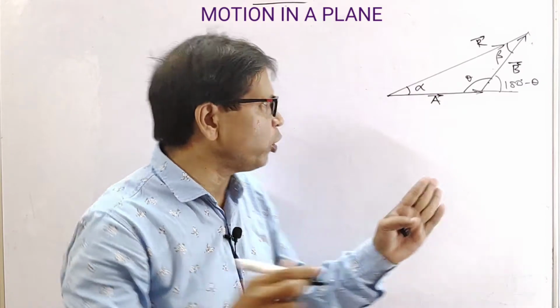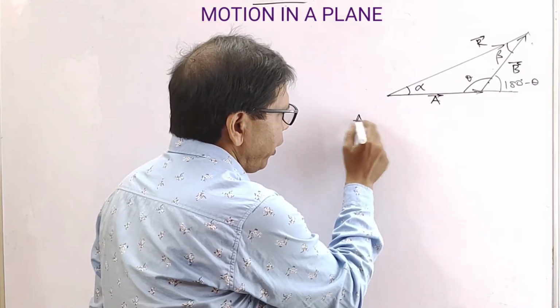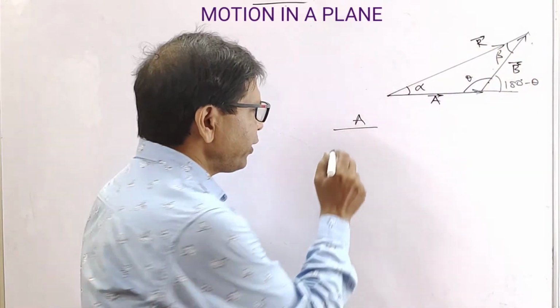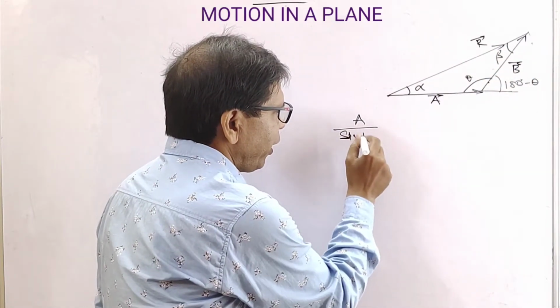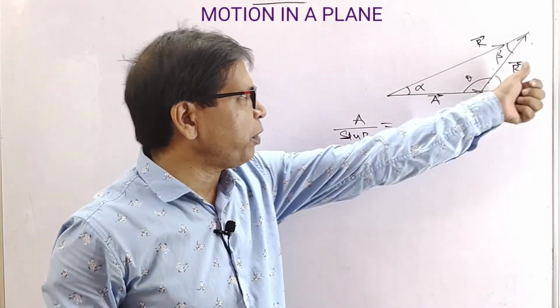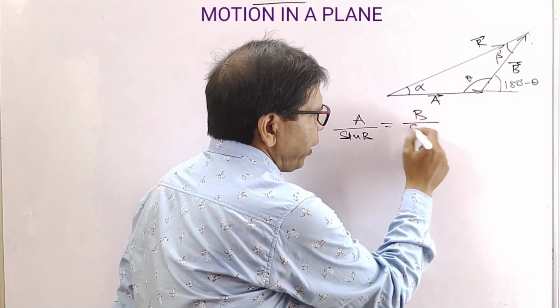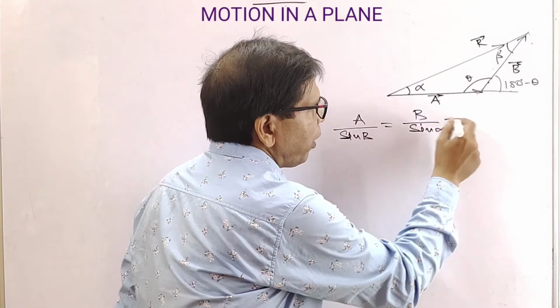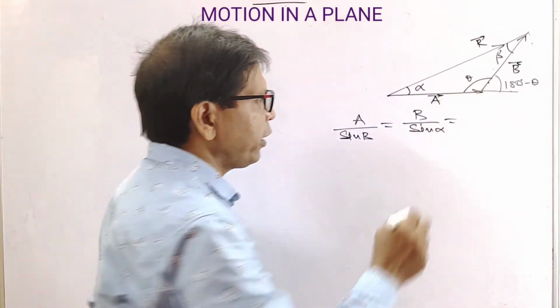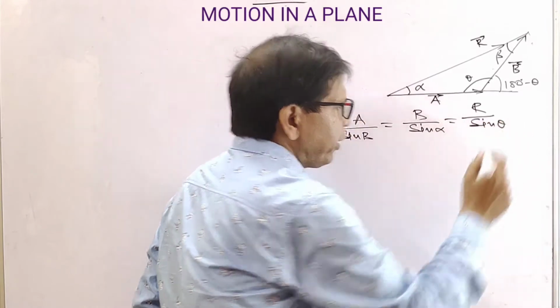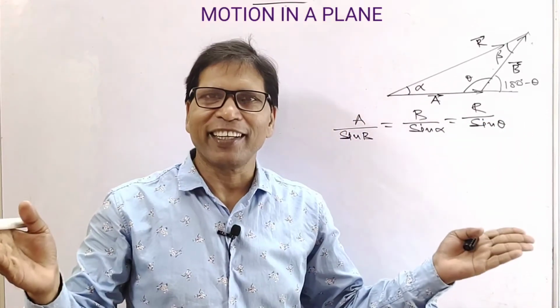Now the sine law is, look at this, A by the opposite angle of A, this is sine beta. Now B, look at this, B divided by the sine of its opposite angle, this is sine alpha, and R is opposite angle theta. So R by sine theta is the sine law of vector.